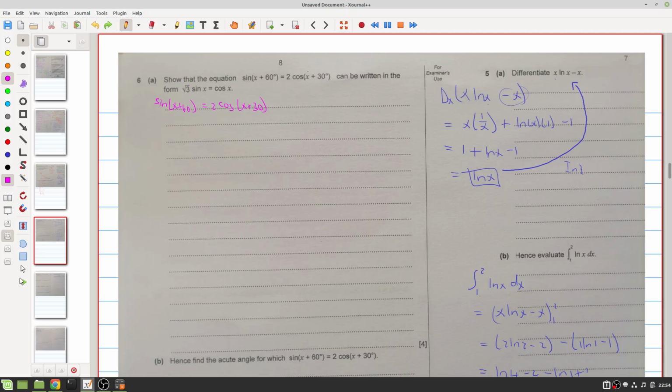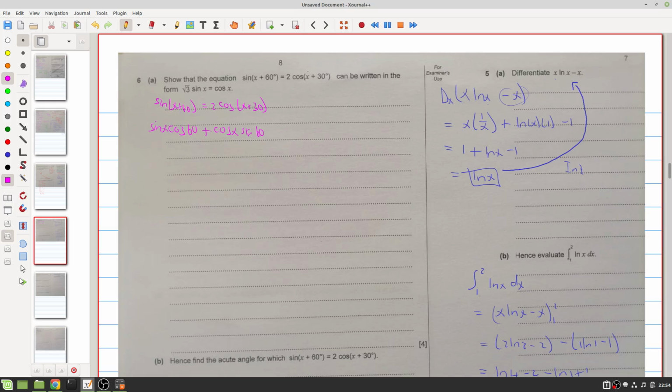right to expand this. Okay, so sin x plus 60 is the same as saying sin x cos 60 plus cos x sin 60. Okay, so if you're unsure about where this comes from, just go check compound angle expansion for sin and cos.